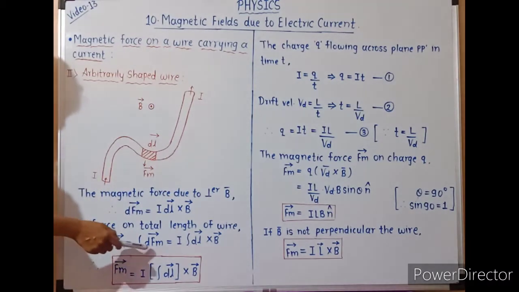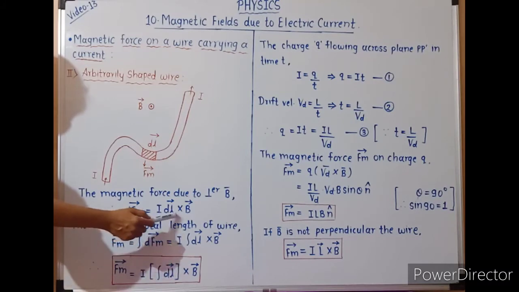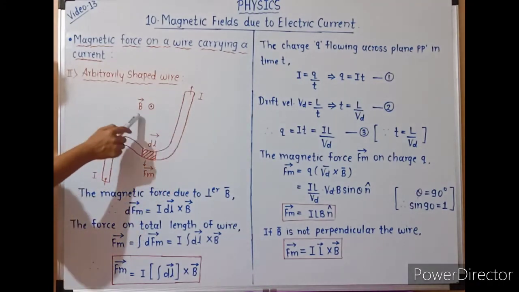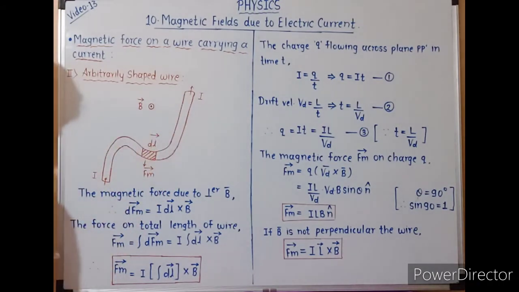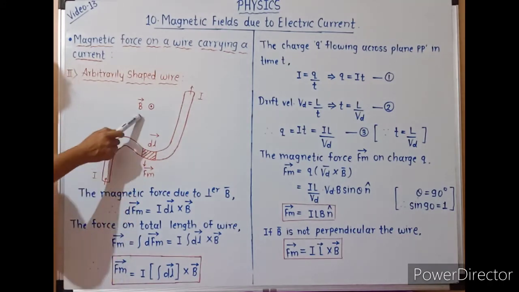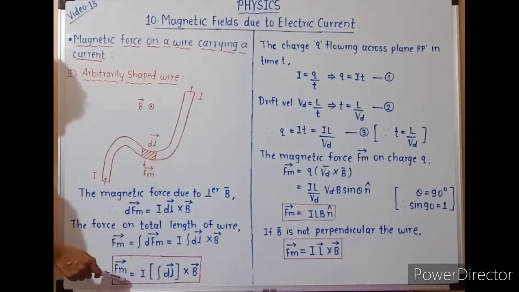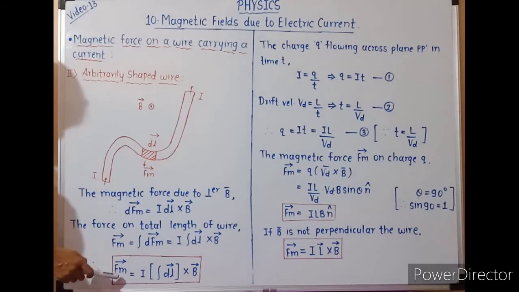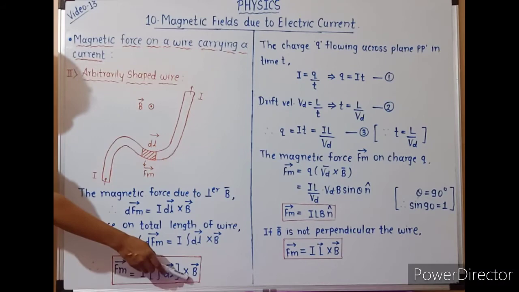So integration of dFm bar is equal to I into integration of dl bar cross B bar. As this wire is kept in a uniform magnetic field B bar, Fm bar, that is the magnetic force, is equal to I into integration of dl bar cross B bar. So this is the magnetic force for the uniform magnetic field B bar.